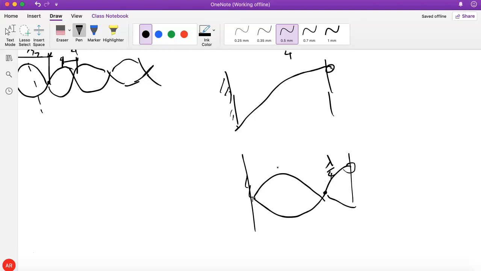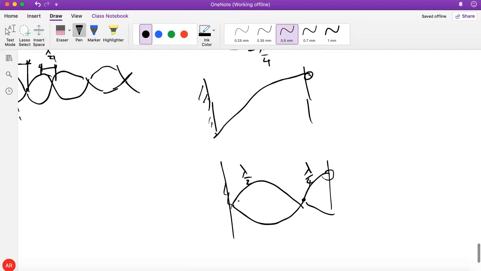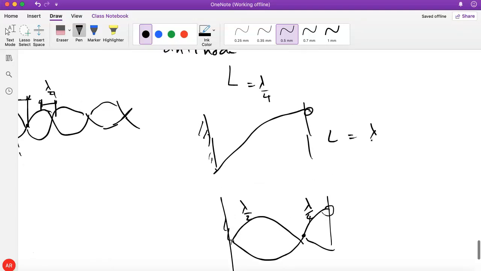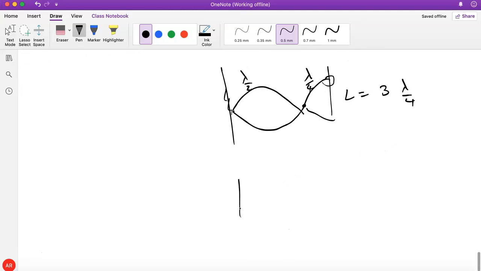So lambda over 4, lambda over 2. In general, you're going to get one lambda over 4 plus an integer number, which can also be 0, of lambda over 2s. So in this case, we found L is lambda over 4. In this case, it becomes lambda over 2 plus lambda over 4, which is 3 lambda over 4. Again, the next one, I have 2 of these lambda over 2s and 1 lambda over 4. So now it's going to be 5 lambda over 4.